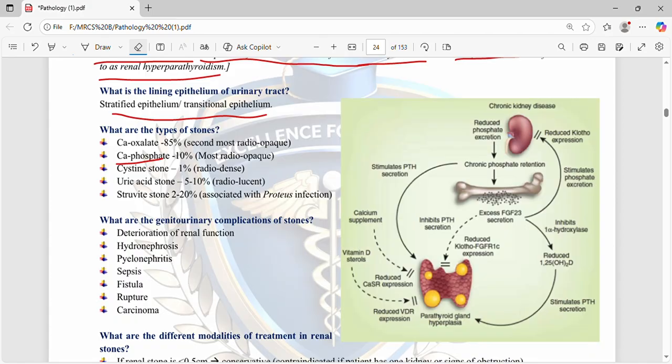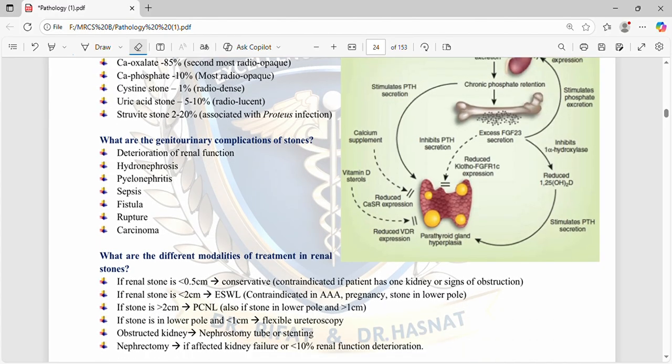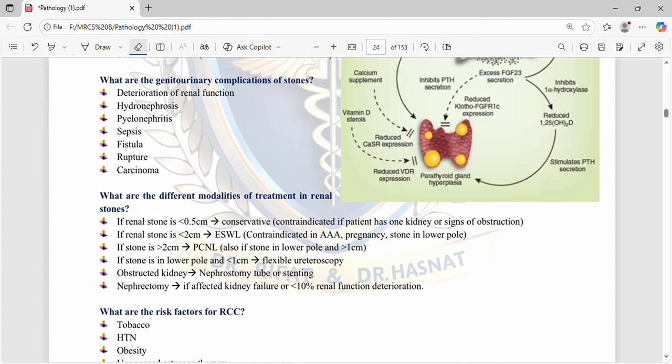They are also called staghorn stones. They are big stones, so they need intervention. Struvite stones are 2 to 20% and associated with Proteus mirabilis infection.